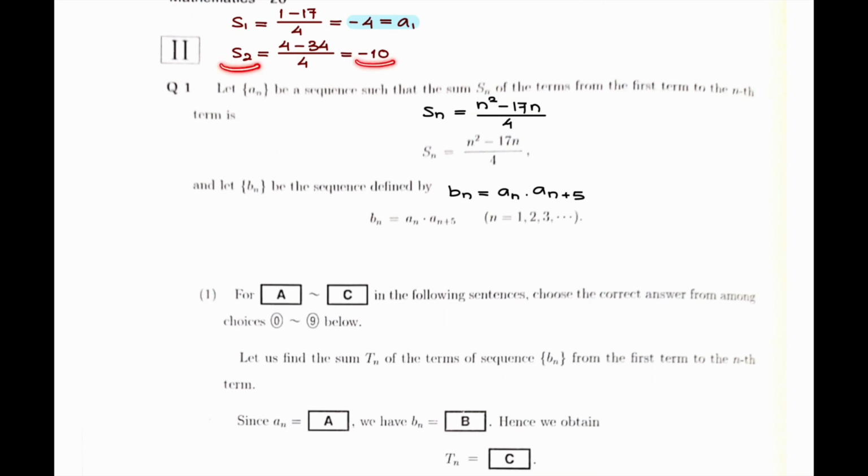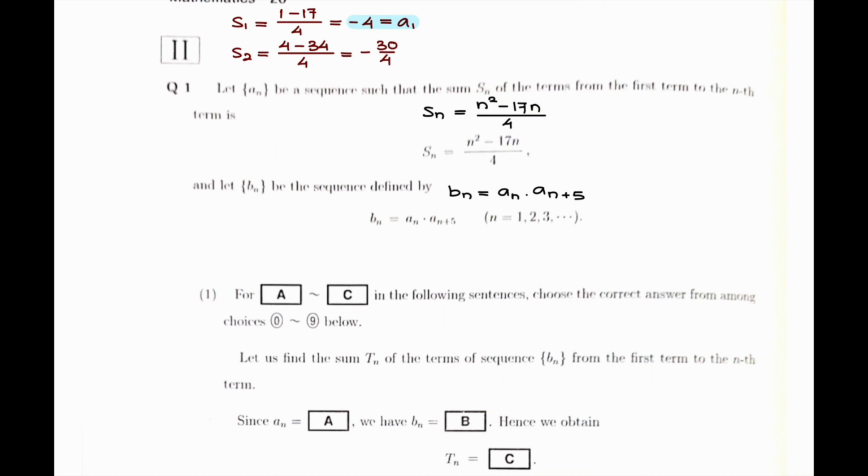So negative 10 here is basically the sum of the first term and the second term. Since I already know that the first term is equal to negative 4. Wait a second, I think I made a mistake, yeah? This is not negative 10, but negative 30 over 4. Sorry for this careless mistake. Basically negative 30 over 4.